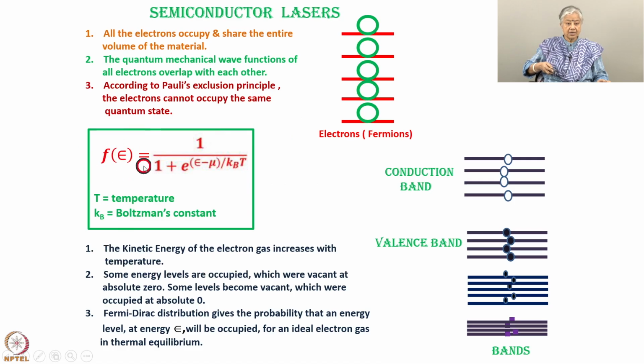So, f of E is equal to 1 by 1 plus e to the power epsilon minus mu over k_B T. T is the temperature in absolute degrees Kelvin, k_B is the Boltzmann constant which you have come across before, epsilon is the energy state, and mu is again an energy which we will describe later. For the moment, this is the distribution that is followed by the electrons when they have a little bit of energy due to the temperature increase, and that is how they will fill up all the states.